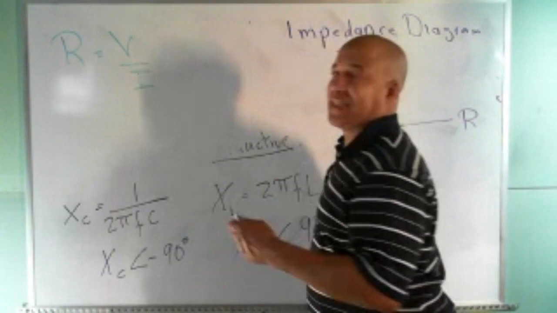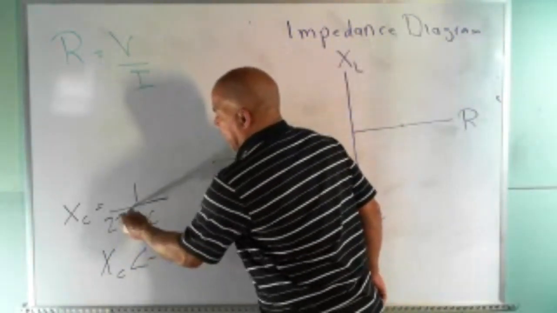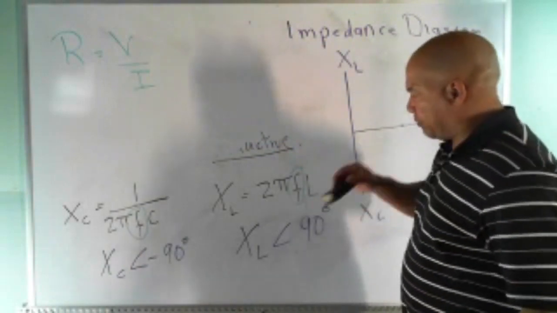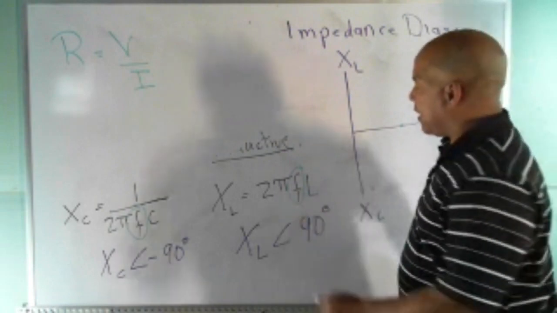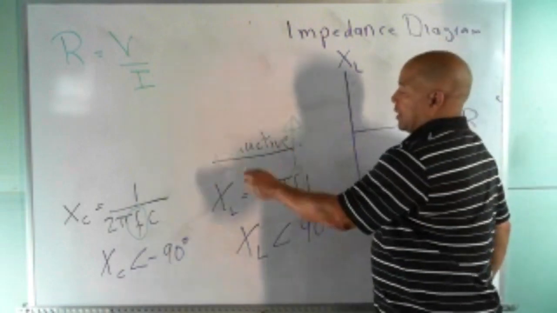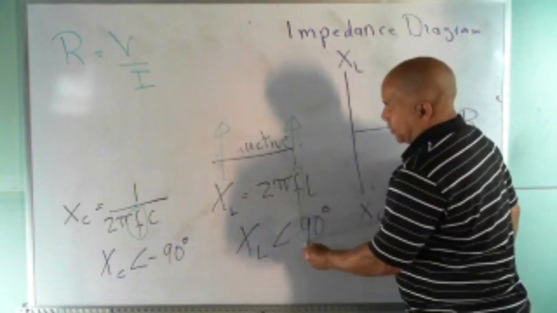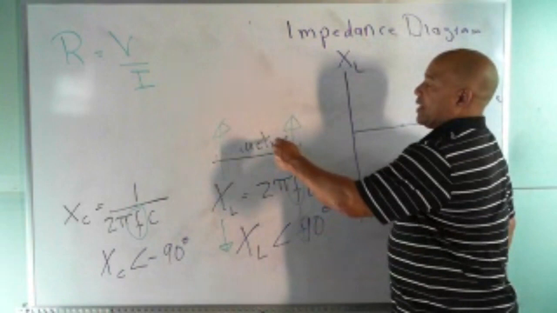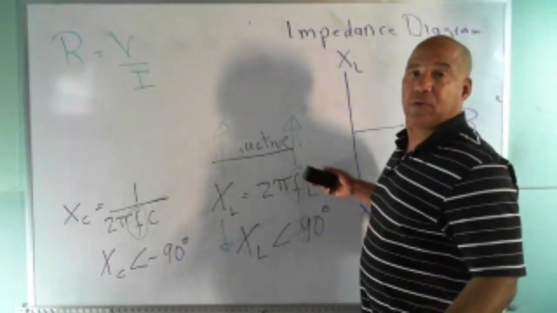Well, notice here, I got a frequency there, and I got a frequency there. So if I have a situation where I have a certain amount of inductive reactance, if I increase the frequency, then those ohms of opposition will go up. If I decrease the frequency, then these ohms of opposition will go down. So those ohms, inductive reactance, actually react to the frequency.